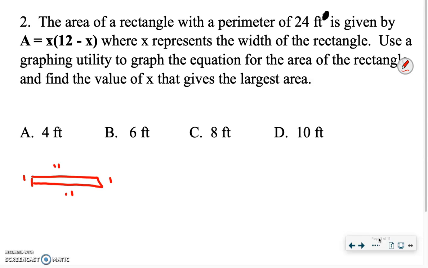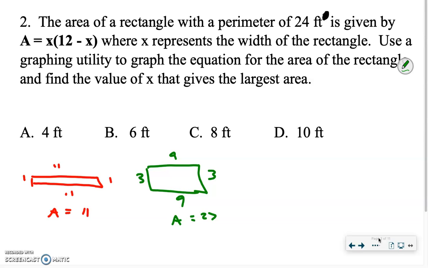So this has a perimeter of 24, but its area, 1 by 11, is just going to be 11 square feet, okay? Could we draw another where maybe we have 3 by 9? 9 here, 3 there. Also has a perimeter of 24, but what's this area going to be? 27, okay? Much larger area, even though the perimeter is still the same.